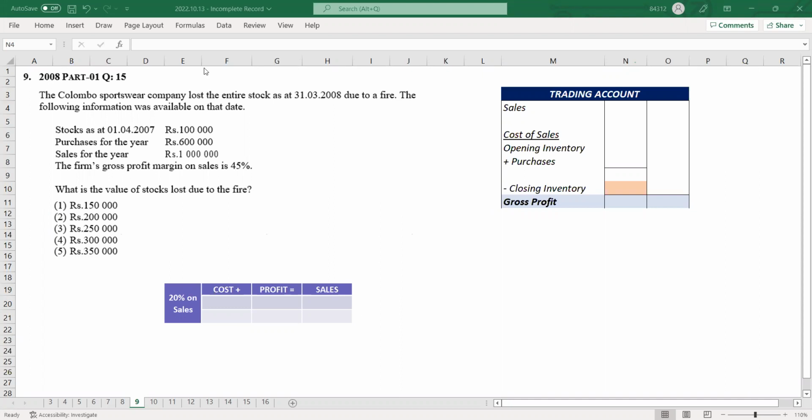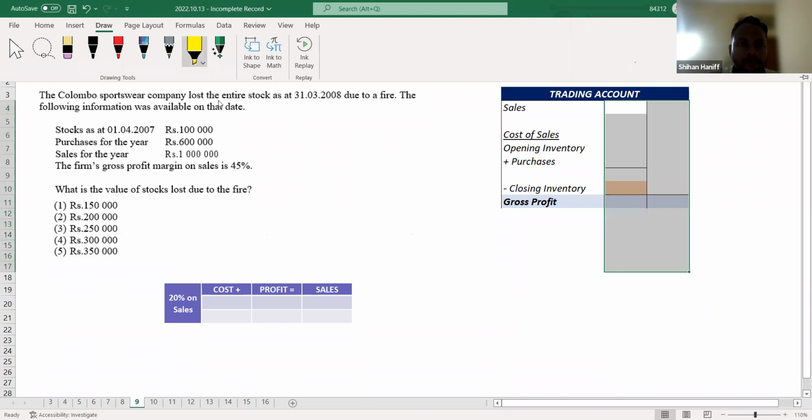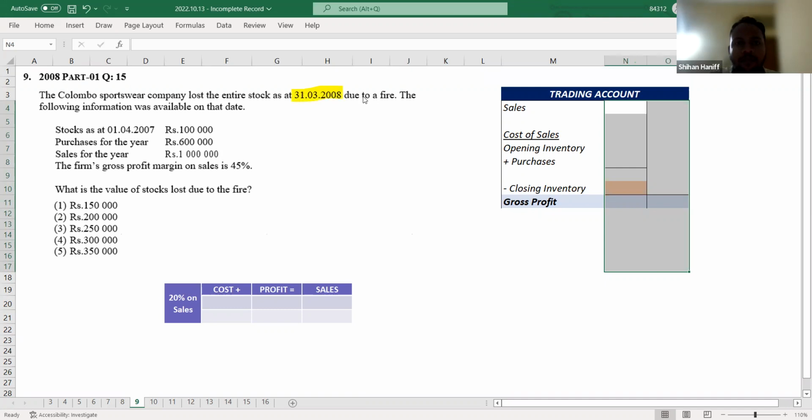Okay. So let's find out the answer. The Columbus Sportswear Company lost the entire stock as at 31st March 2018 due to a fire. Following information was available. 1st of April stock, purchases, sales, and the gross profit margin on sales is 45%. Stock loss.